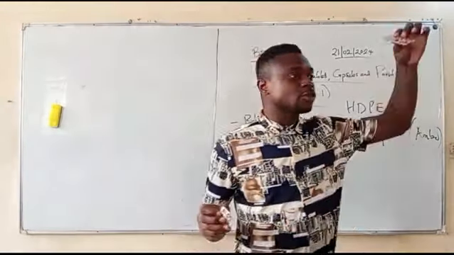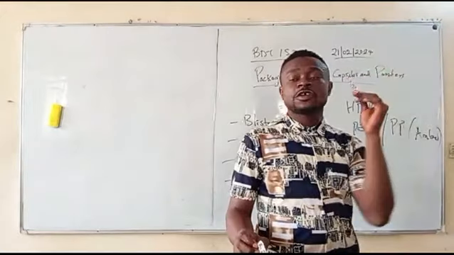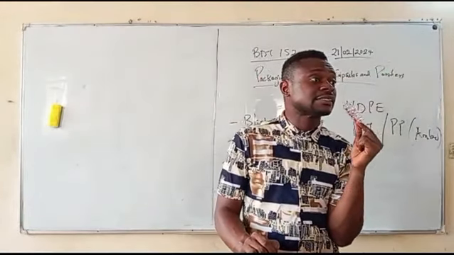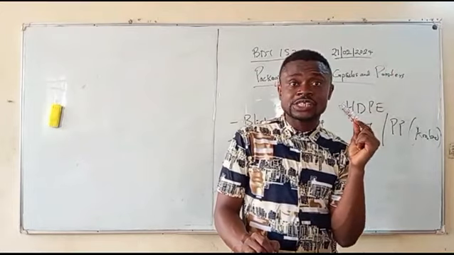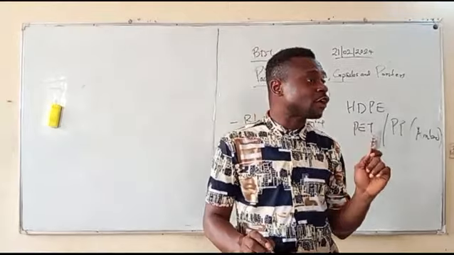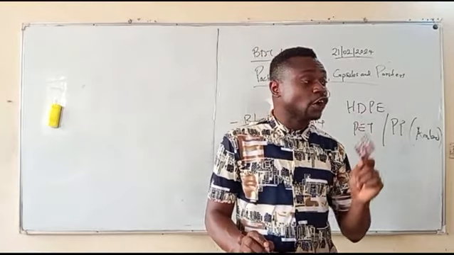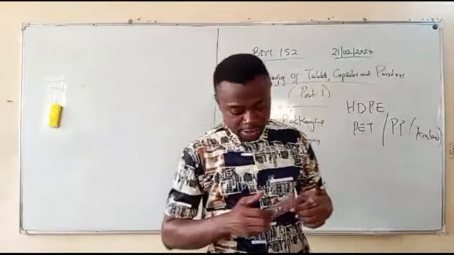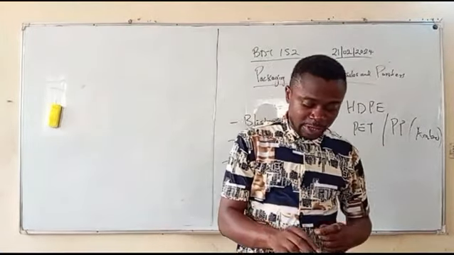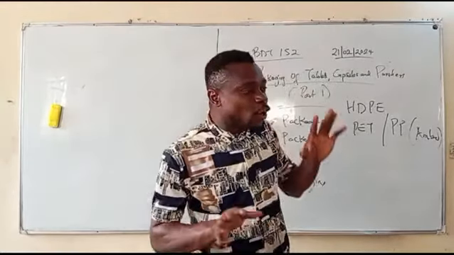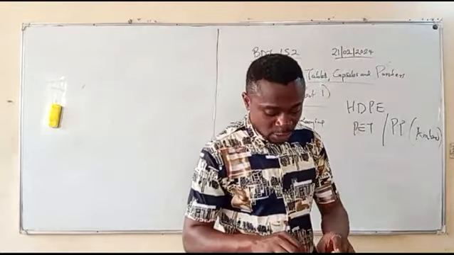Now, what are the components? Let's look at the components of this blister package. If you look at this blister package, it has two major components. The first component is the film, or forming film. The blister, that's the forming film.